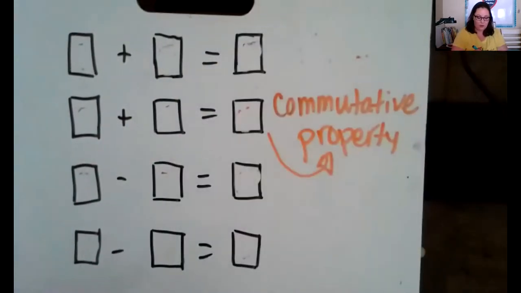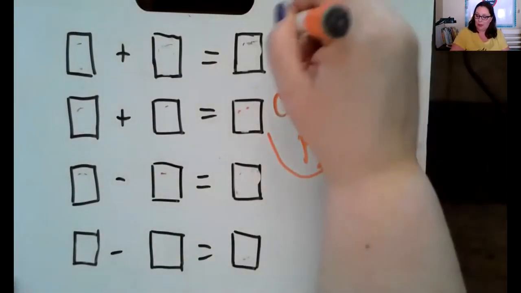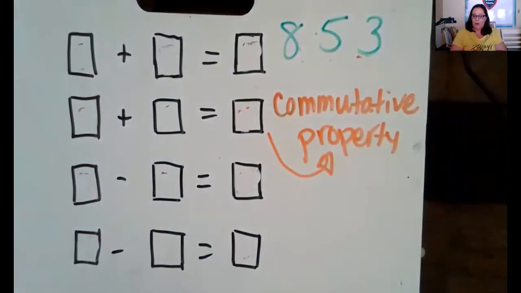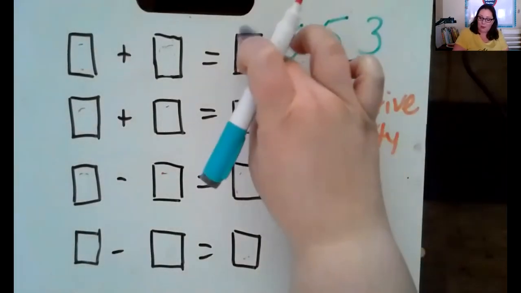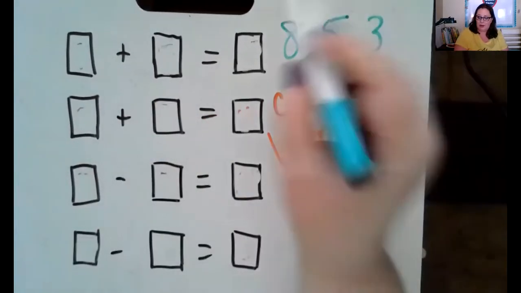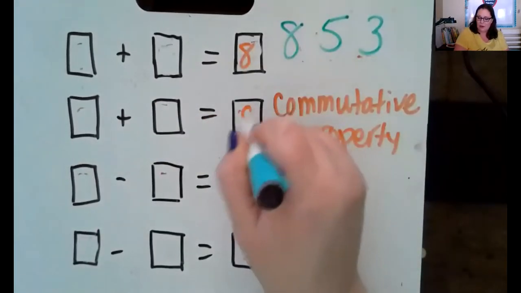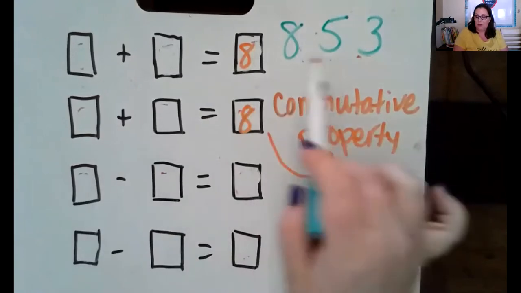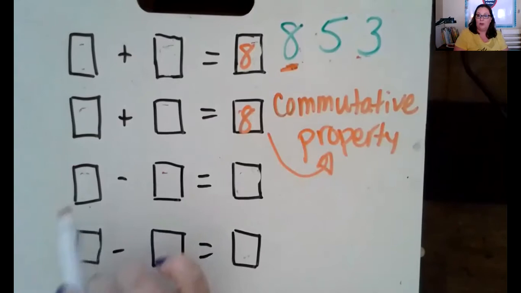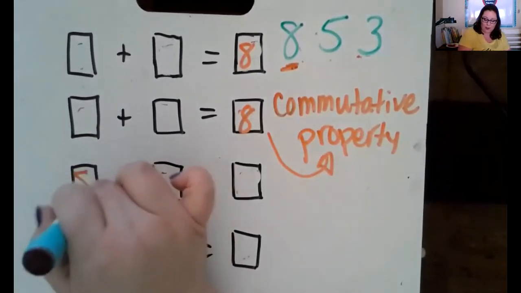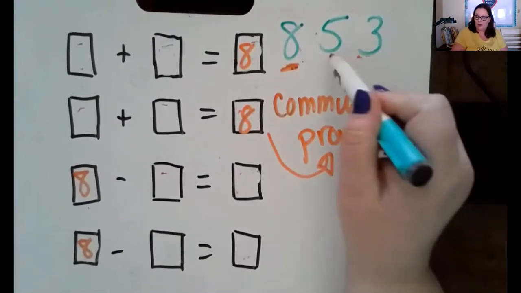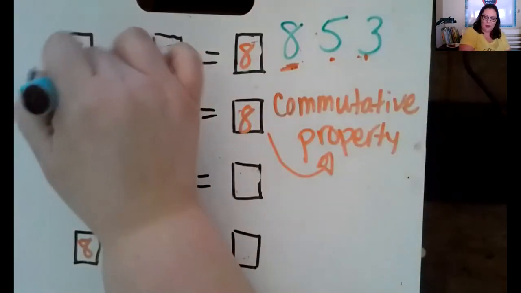So, once again, our largest number is going to be the sum to our addition equations, so 8. And since it's the largest number, it's also the first numeral that we subtract with. So 8. Okay, now let's drop these down.